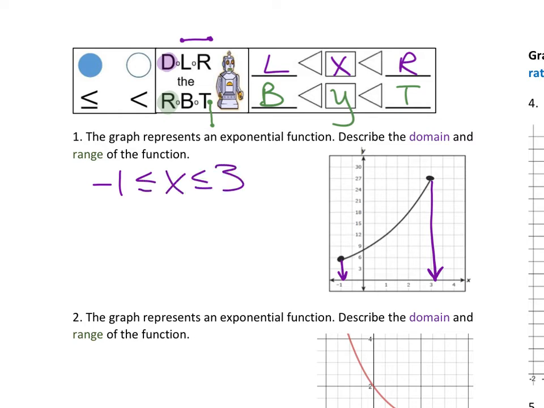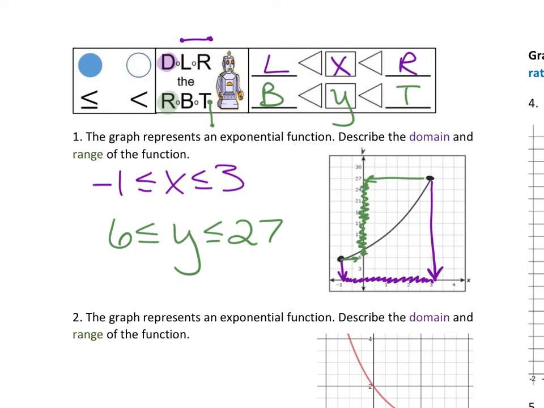This is saying that this graph shows up on the x-axis between 1 and 3, which it totally does. If I go to do my range, again, I'm looking for the lowest point of the graph to the highest point of the graph. I can say this is approximately 6 with a closed circle, all the way up to 27 with a closed circle, saying that this graph shows up on the y-axis from here to here, which it does.